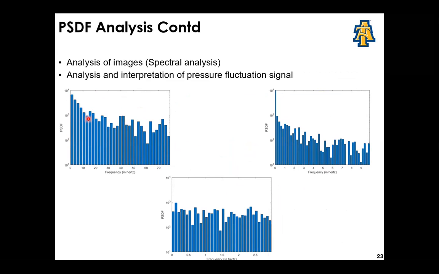We also observed a low frequency peak of large amplitude, which corresponds to the characteristics of a slug flow. And the last one was a medium width band spectrum for heterogeneous flow. So this was what our spectral analysis revealed to us.